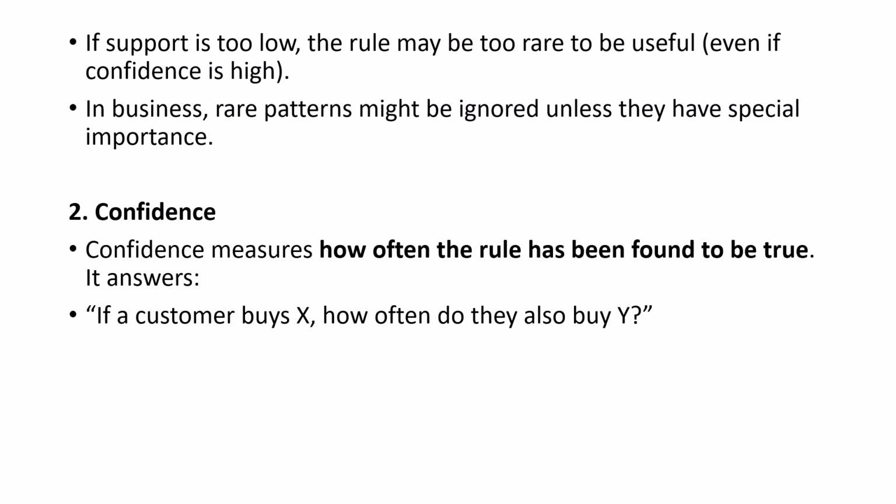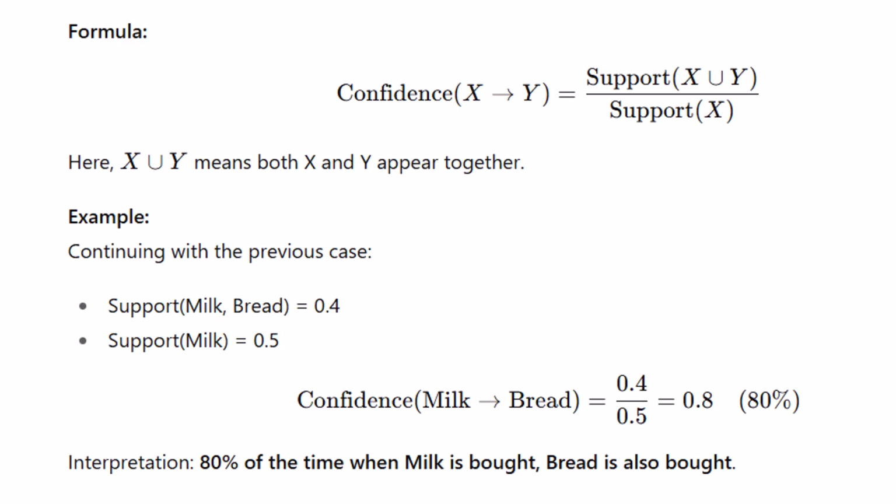The next one is confidence. So it gives you how often the rule has been found to be true. That is, if a customer buys X, how often do they also buy Y? Example, support of milk, bread is 0.4 and support of milk is 0.5.